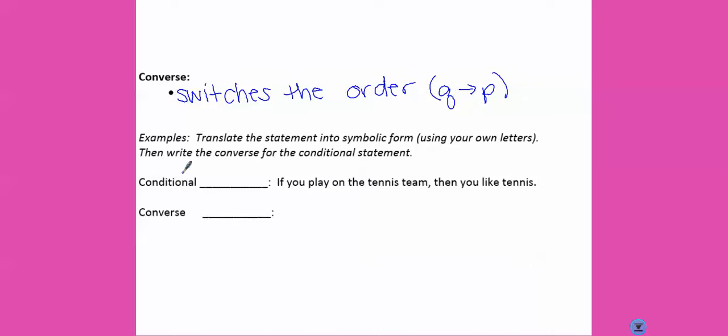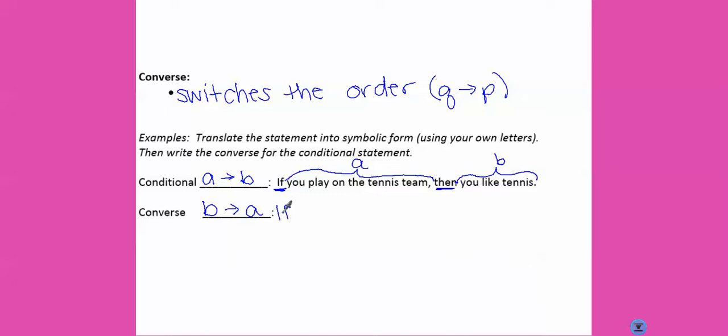So translate the statement into symbolic form, then write the converse for the conditional statement. So if you play on the tennis team, then you like tennis. Let's start with our hypothesis, which we'll just use A, and make our conclusion B. So our symbolic notation would be A, then B. Our converse would have to be B, then A. When we're writing the converse, the if and the then don't switch places.